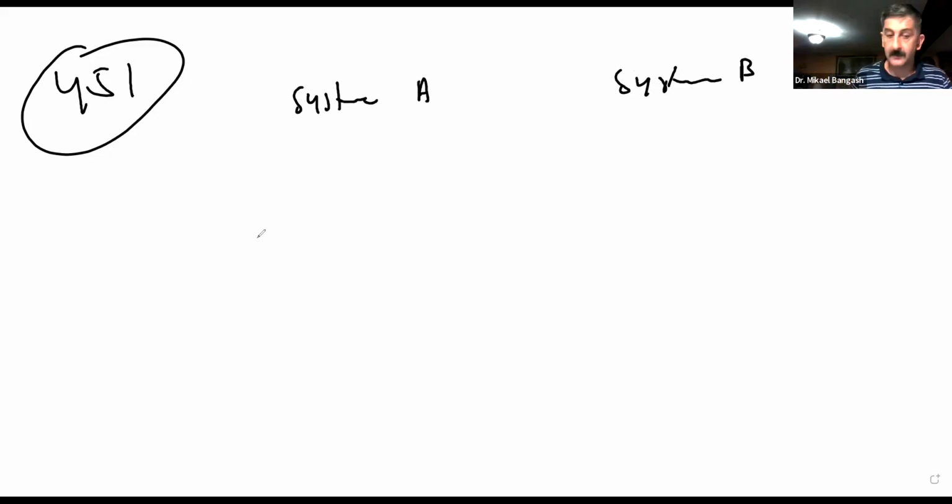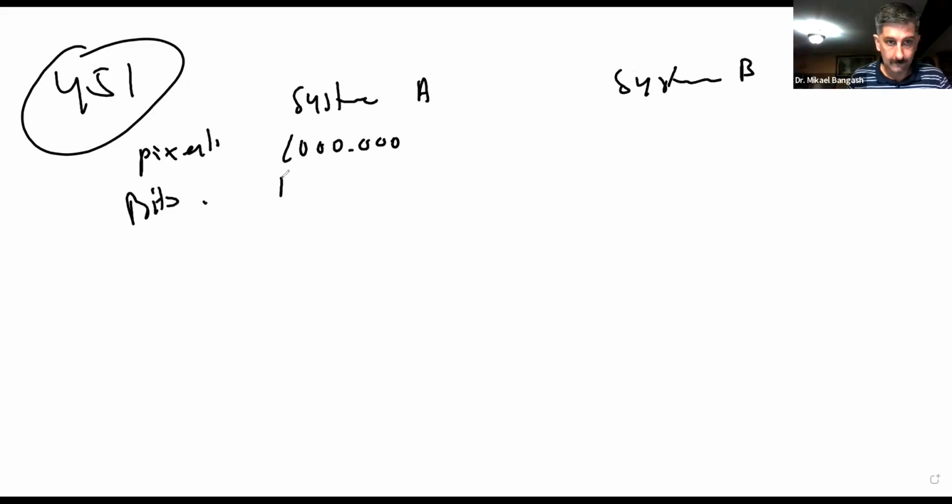Now system A has 1 million pixels and 4 bits assigned to each.